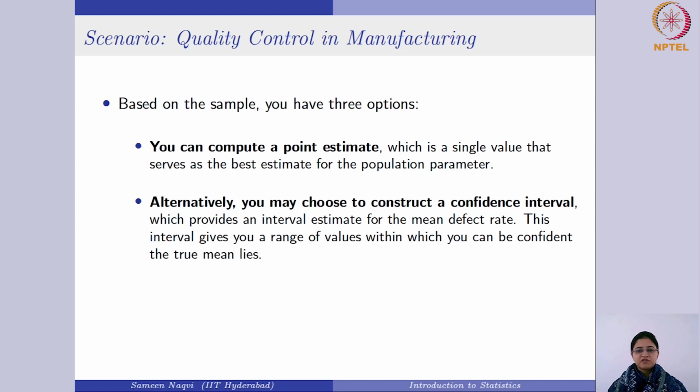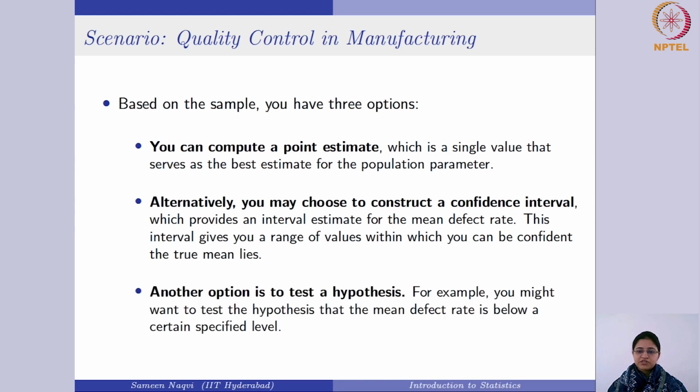So if you can see, in the first one, we give a point estimate for the population parameter, that is your mean defect rate. And in the confidence interval, you are giving an interval estimate for the mean defect rate. This interval gives you a range of values within which you can be confident that the true mean would lie. So these are the first two options.